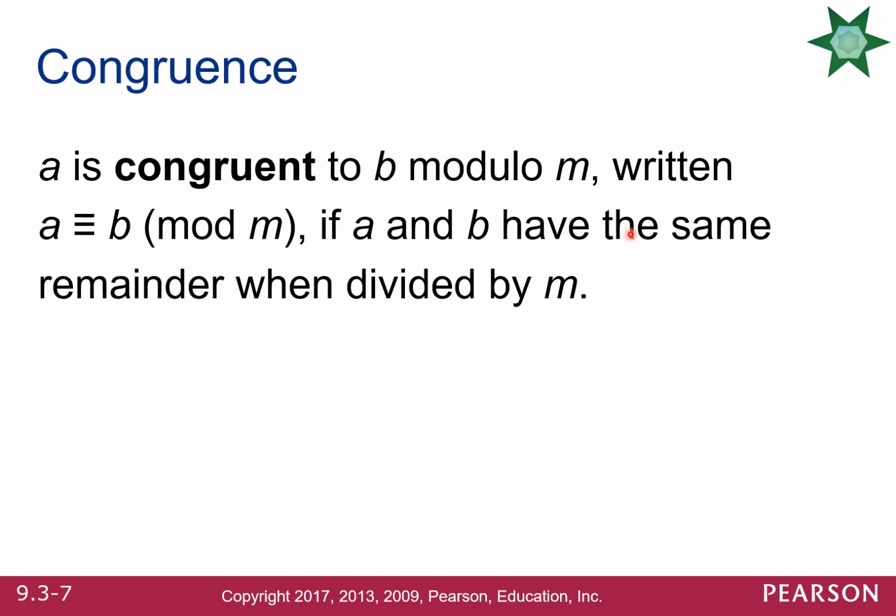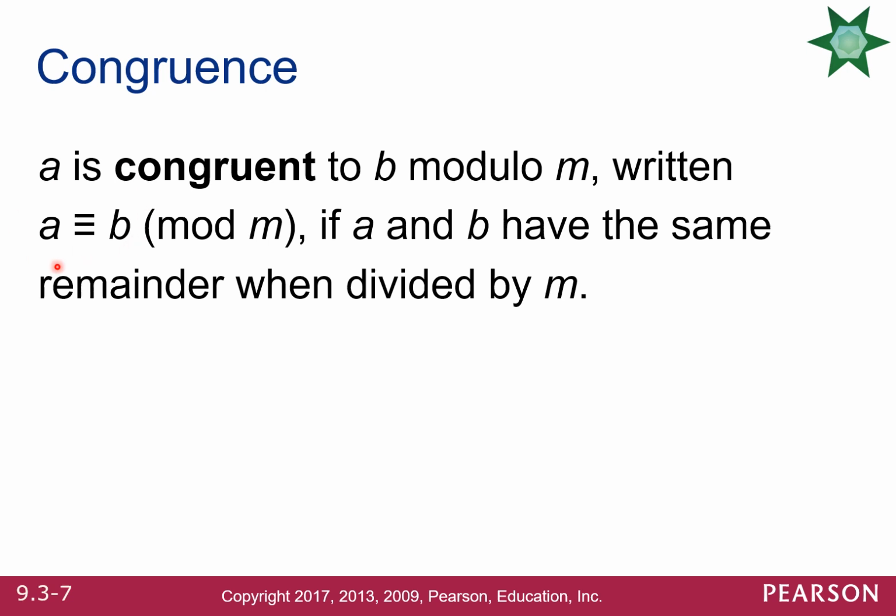If A and B have the same remainder when divided by M. So what this expression tells us is that A and B are congruent provided that when each of them is divided by a value M, they will give the same remainder.